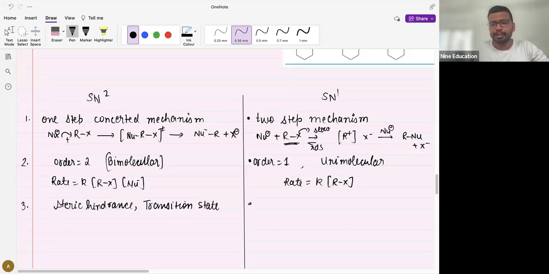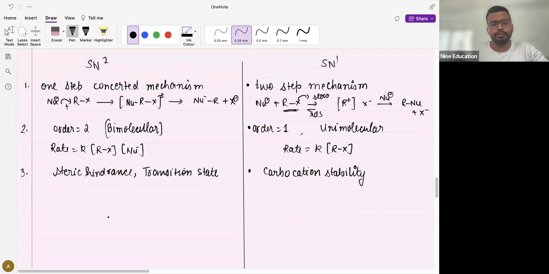But in the SN1 reaction, you don't have to see steric hindrance. It depends upon carbocation stability. You have to see only which carbocation is more stable.